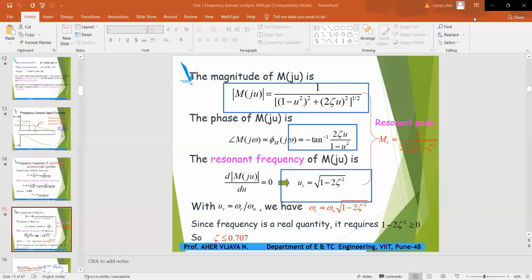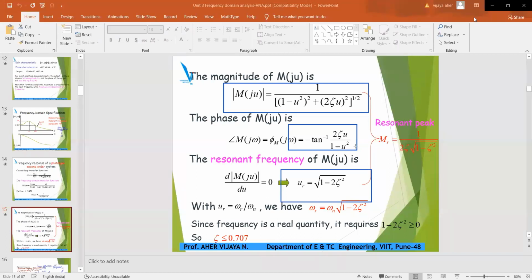So 1 minus u square, bracket square, plus 2 zeta u square, whole thing in brackets, all under root. Now this is the equation for phase of mju, given by the standard equation minus tan inverse of 2 zeta u divided by 1 minus u square. This is nothing but magnitude and phase.